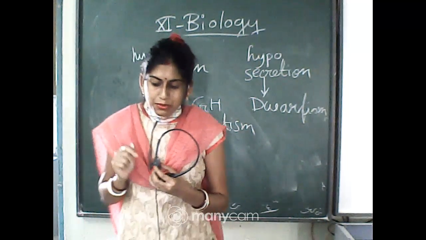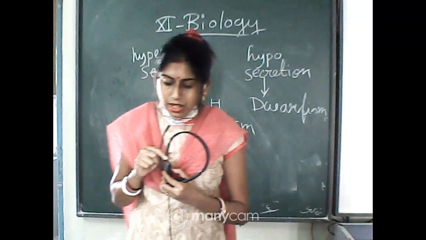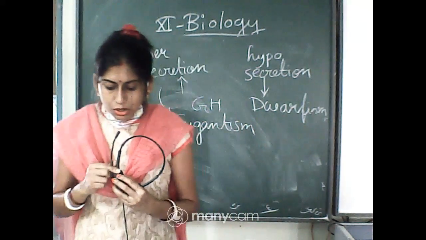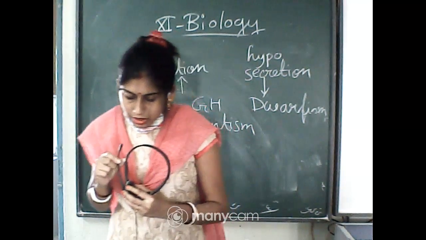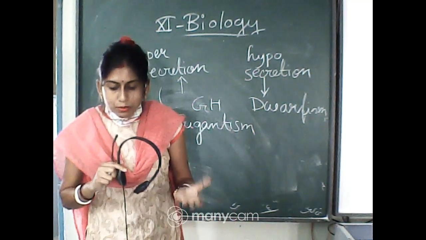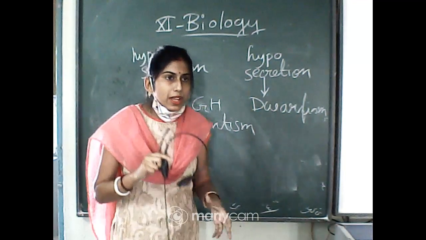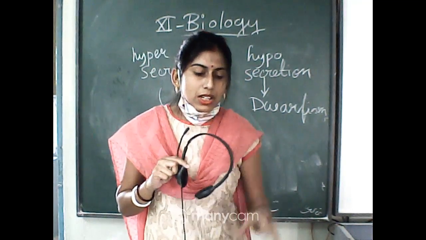And in case of females, LH or luteinizing hormone induces ovulation from the fully mature follicles, that is Graafian follicle, and maintains the corpus luteum, which is formed from the remains of the Graafian follicle. You have read about the menstrual cycle already in class 10.